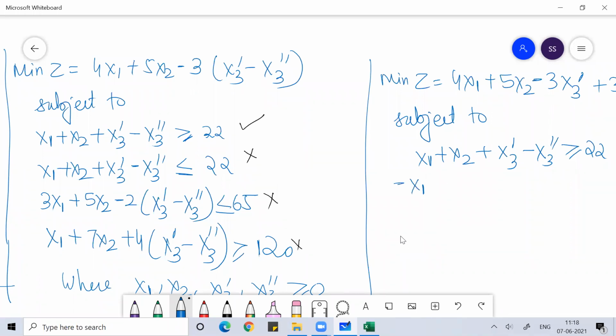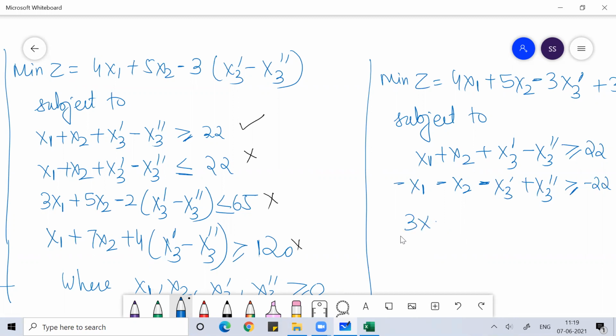This is minus x1 minus x2 minus x3 dash plus x3 double dash is greater than or equal to minus 22. This is minus 3x1 minus 5x2, okay, let me write it completely now first.